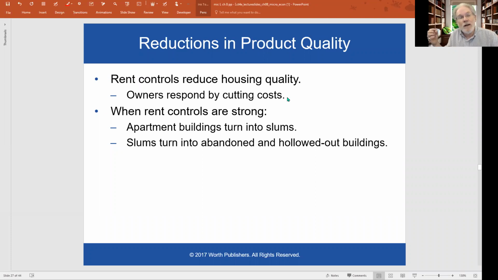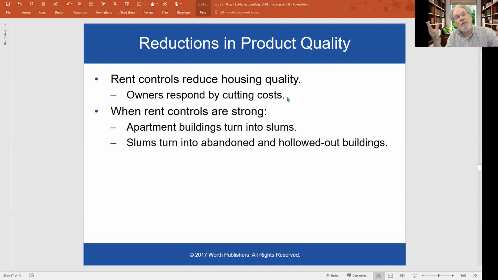Why? Because owners are looking for ways to get around the restrictions. Before the control, they were providing housing of a certain quality, and they were charging a price that matched that quality.